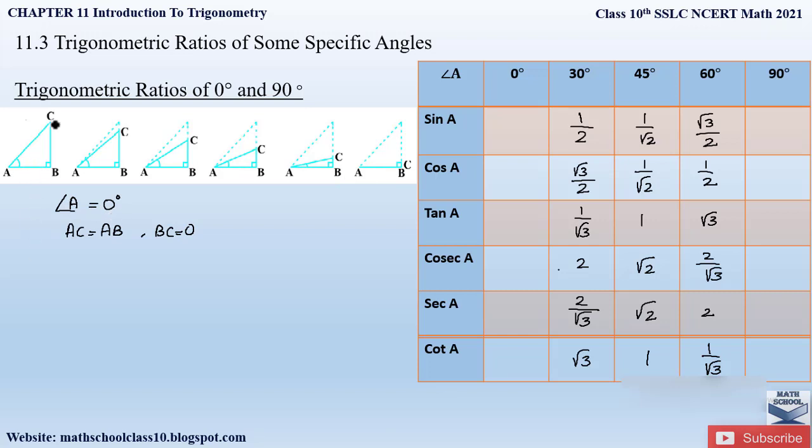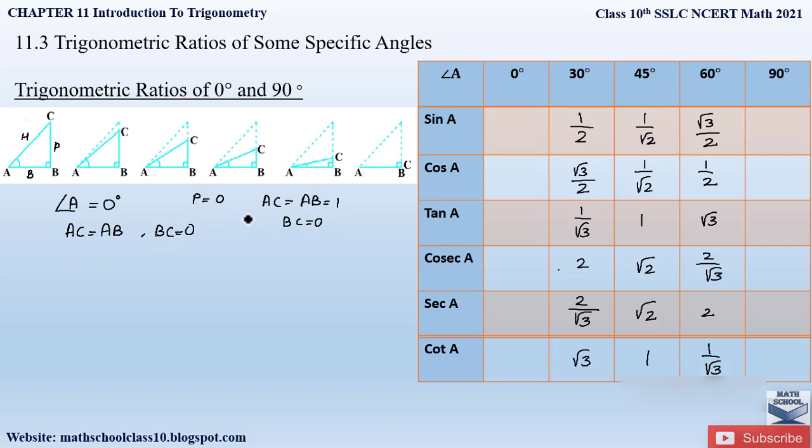So if we denote AC as the hypotenuse, which is the side opposite the right angle, then the side along angle A will be our base and the side opposite the angle A will be the perpendicular. When angle A becomes 0, our perpendicular becomes 0 and the hypotenuse and the base overlap, and AC is equal to AB is equal to 1. So our perpendicular, that is BC, is equal to 0.